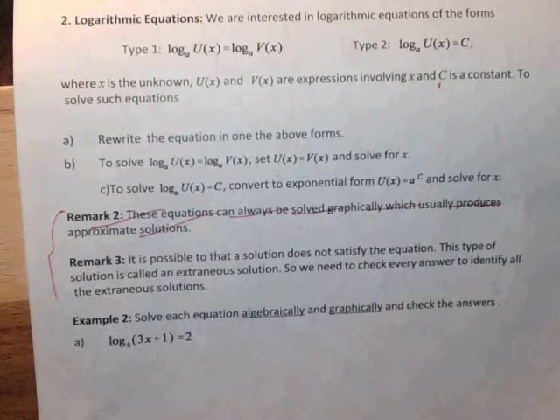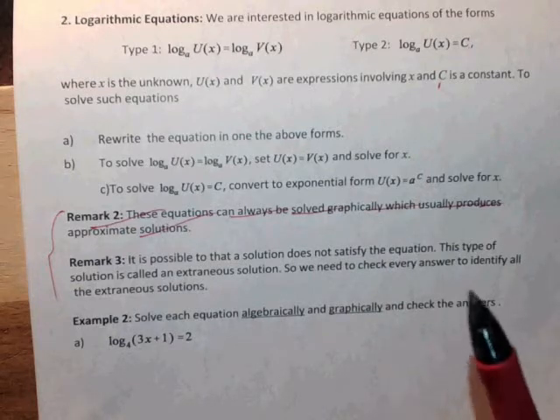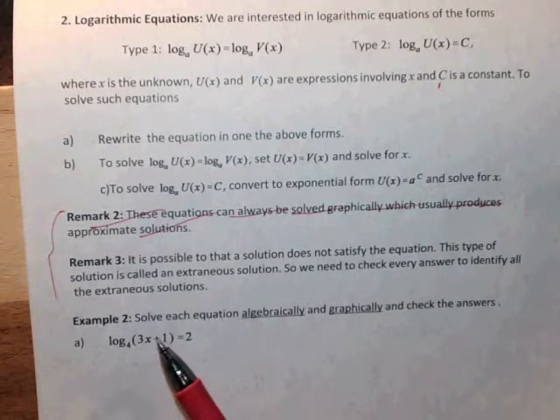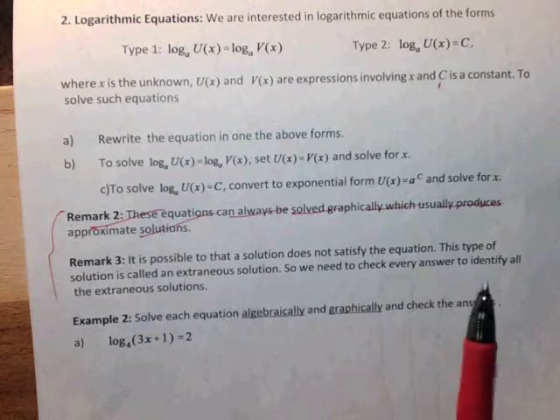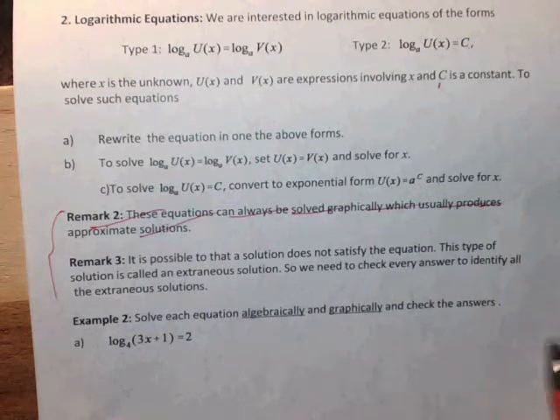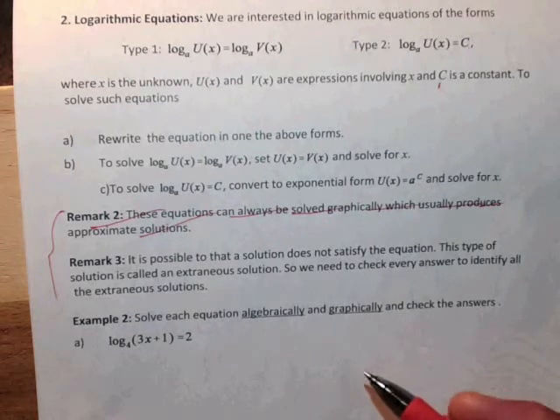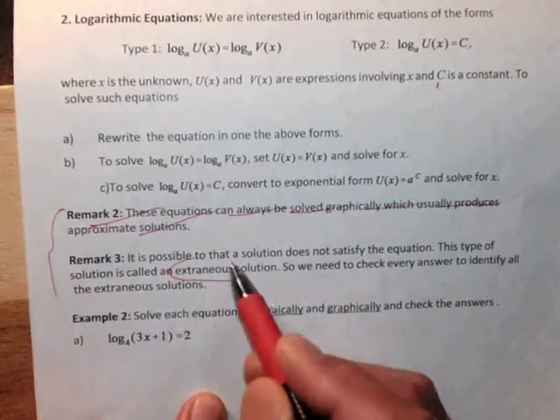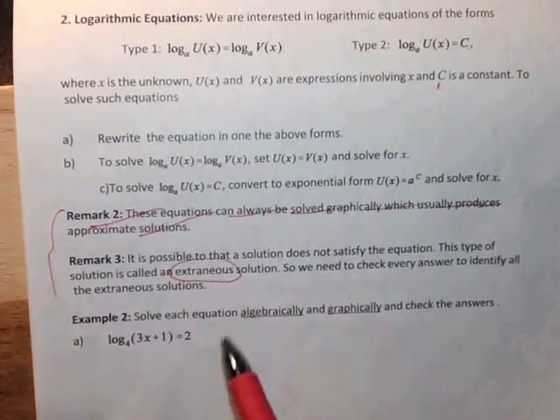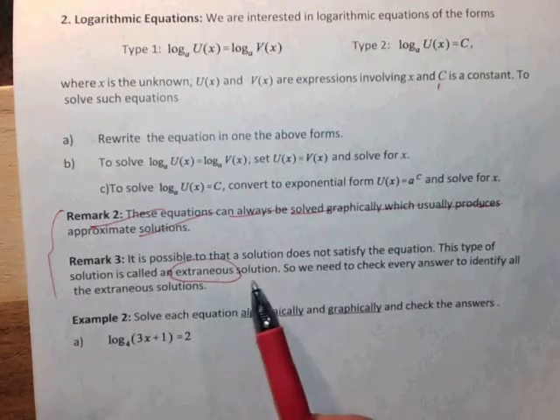But when you solve logarithmic equations, at the end, check your answer to see if it actually does the job, makes the left side equal to the right side. If it does, it's a good solution. If it doesn't, it's called an extraneous solution. Extraneous is a solution that you obtain but doesn't work.